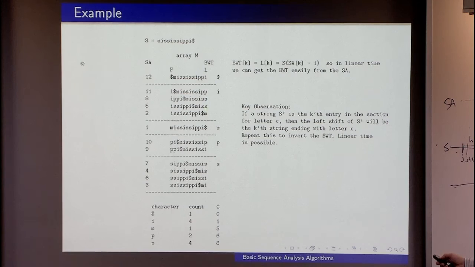It's I, P, S, S, and it didn't come out here, but that list, IPSSM, that string, which is formed from the last character of each one of those rotations, is the Burrows-Wheeler transform of S. Okay, it's a permutation, obviously, of the characters in the initial string.